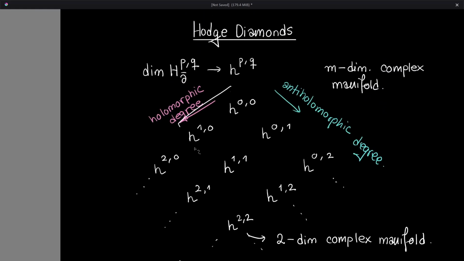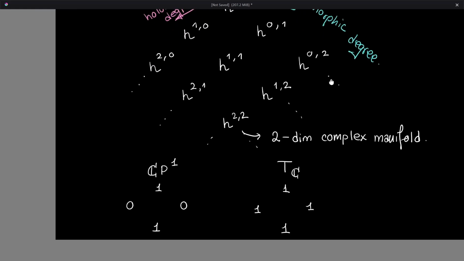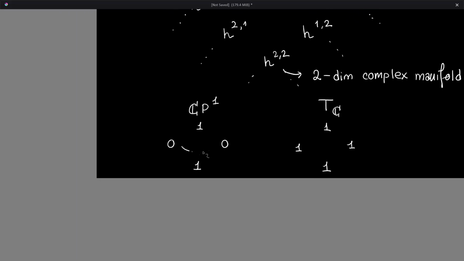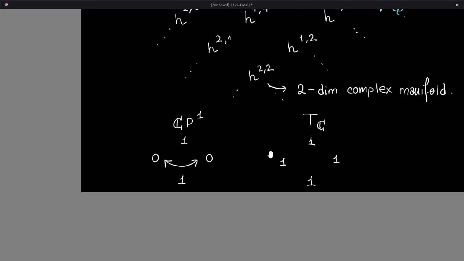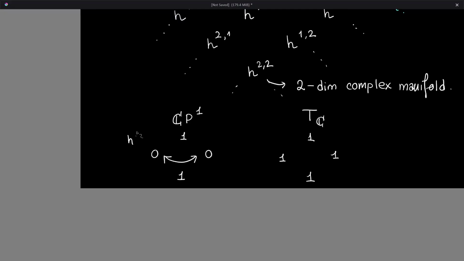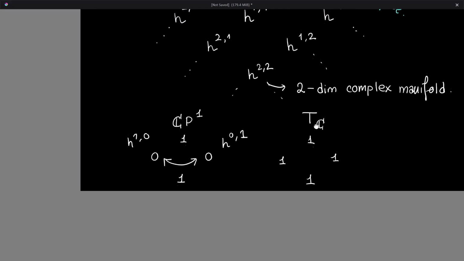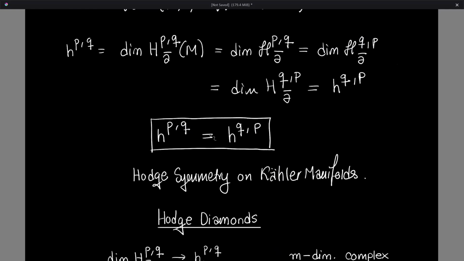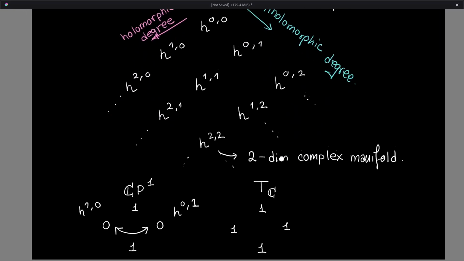And so these are these four Hodge numbers. So one thing that you can see is, it's more apparent in CP^1, that we have this symmetry. This is the Hodge symmetry or the conjugation symmetry, because this is h^{1,0} and this is h^{0,1}, right? And we said that h^{p,q} is equal to h^{q,p}.